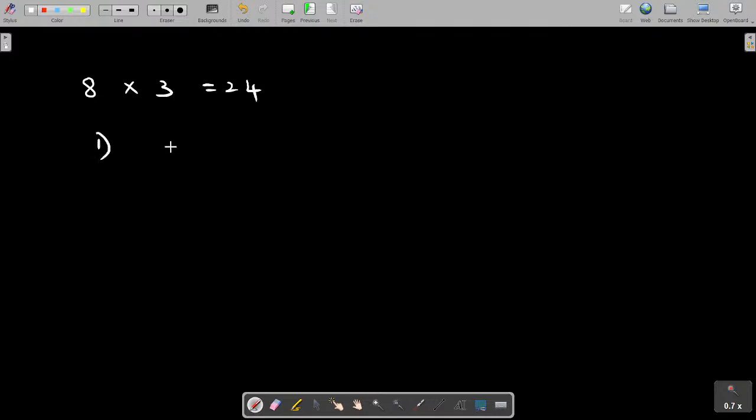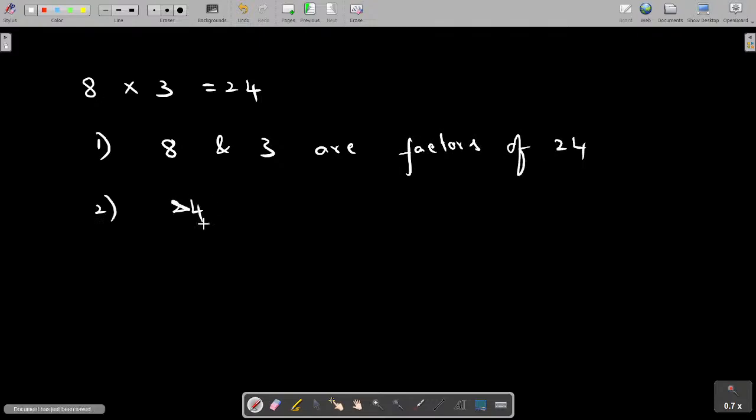First way of expression: 8 and 3 are factors of 24. Second way of expression: 24 is a multiple of 8 and 3, or 3 and 8. Simple.